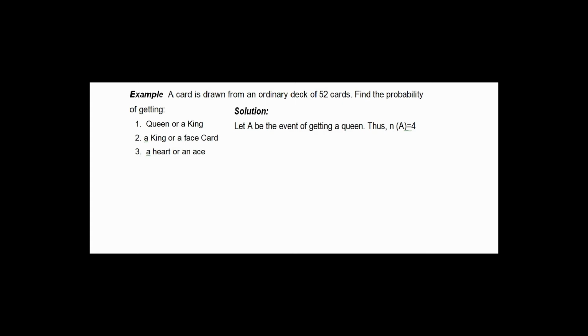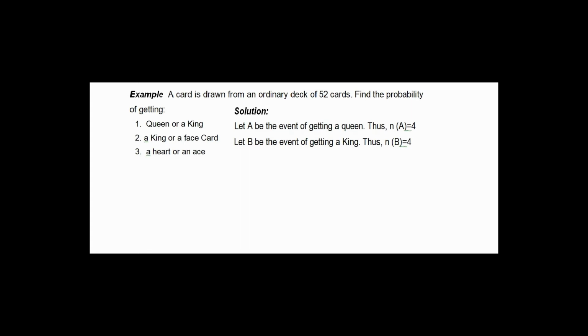So let A be the event of getting a queen. In a deck of cards, there are 4 queens: the clover, the spade, the diamond, and the heart. So therefore, n(A) is equal to 4.